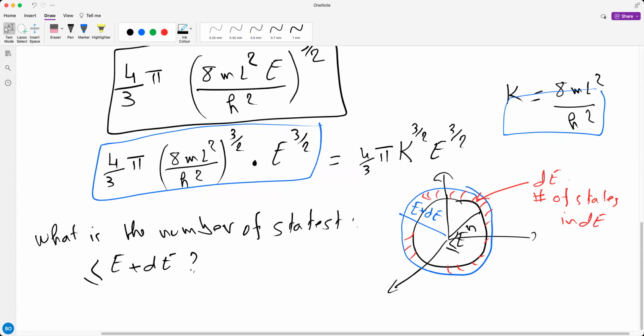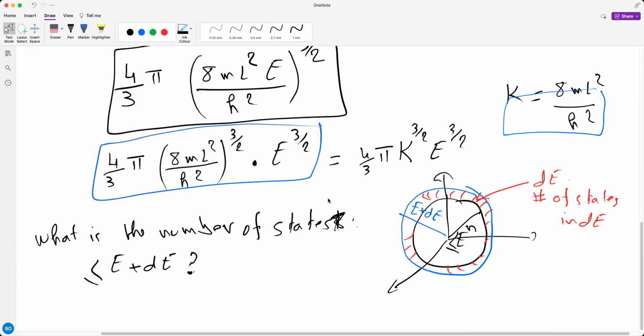How can I calculate the number of states that have an energy smaller than E plus dE? How do I do it? You just add the derivative of the first equation you showed us like a second ago to the same equation, right?